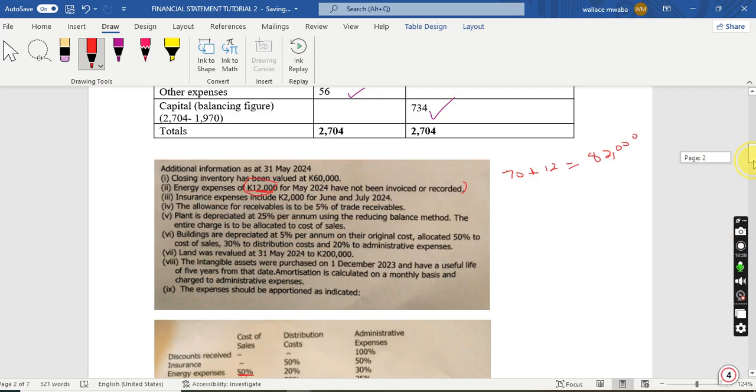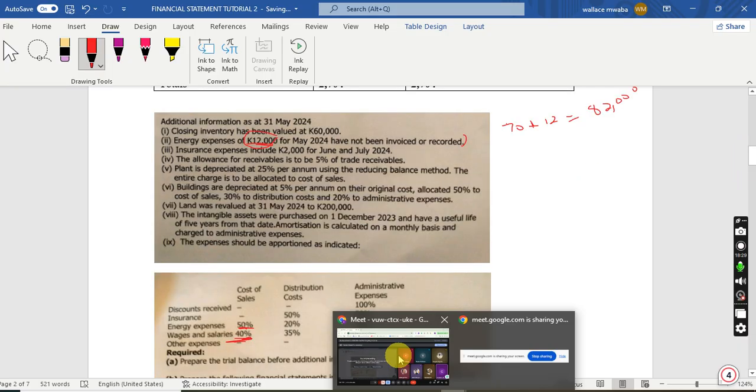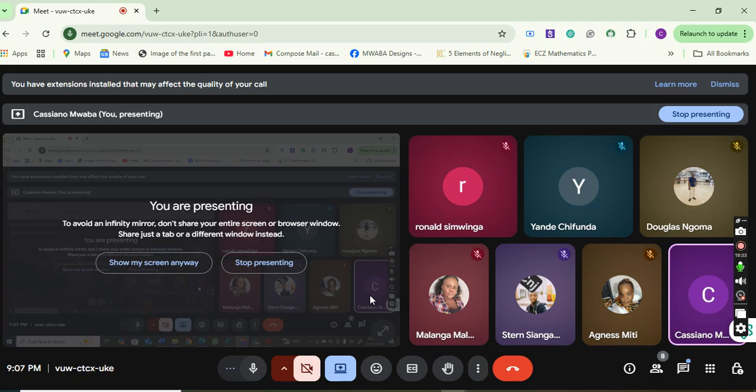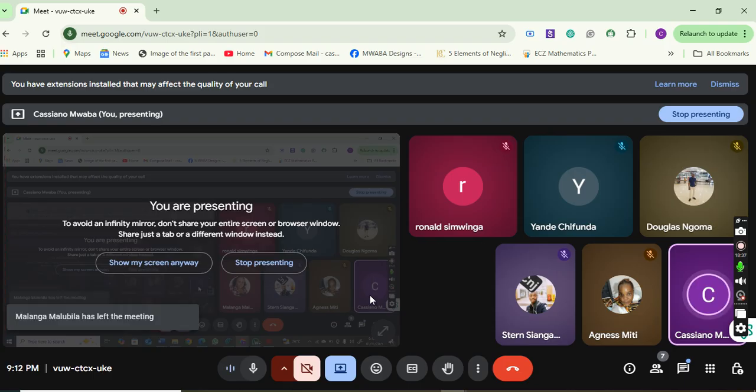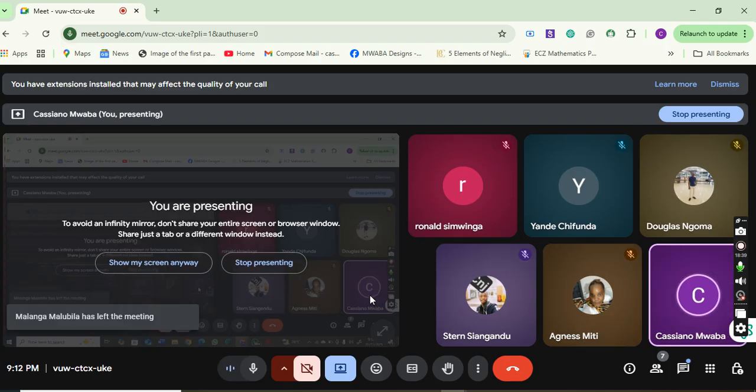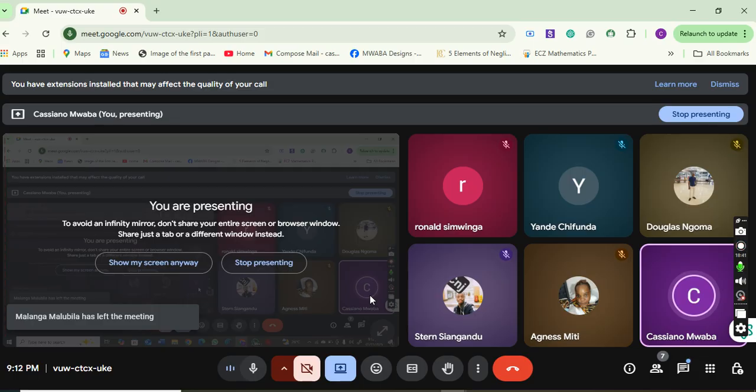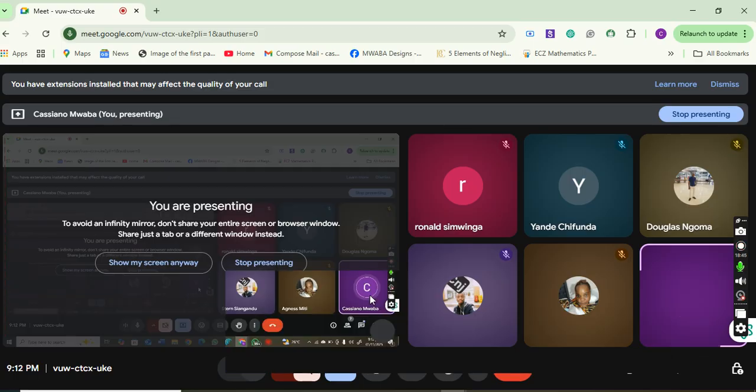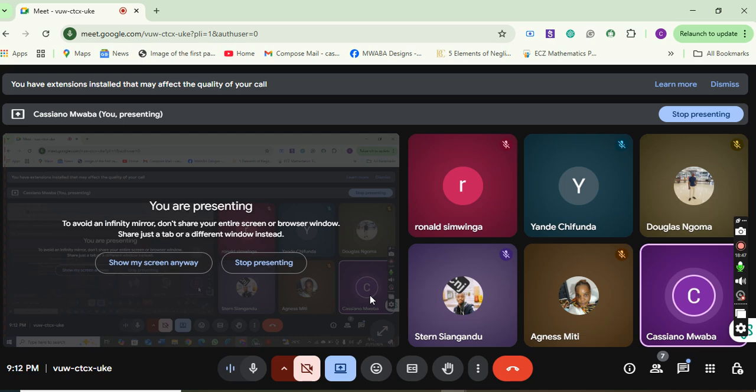So colleagues, depreciation is the loss in value of tangible assets. It's a non-cash expense. That's why we're adding it back in the cash flow statement. We're adding it to our cost, meaning it's going to lower our profit, but no money has been paid.